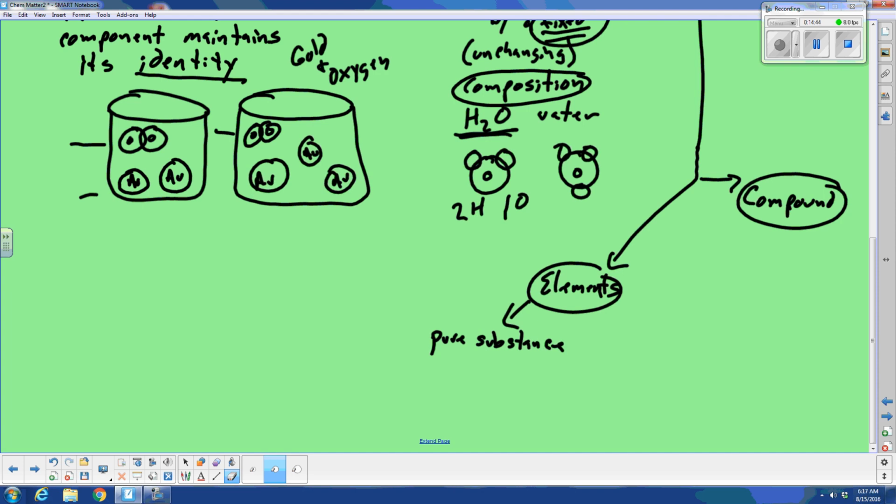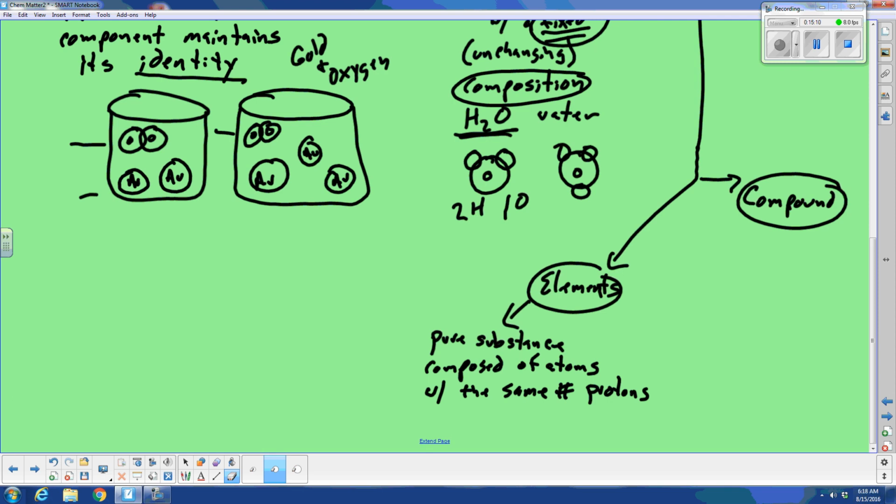And what else makes an element unique? It's a pure substance composed of atoms with the same number of protons. That's what an element is, composed of atoms with the same number of protons.